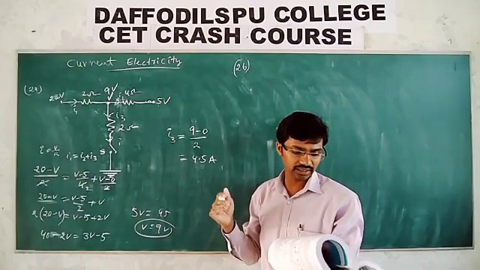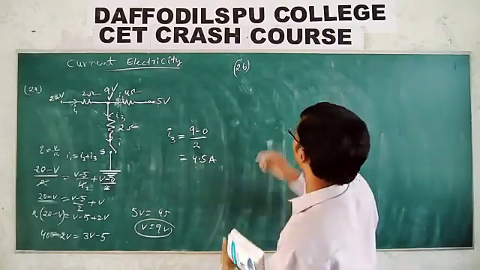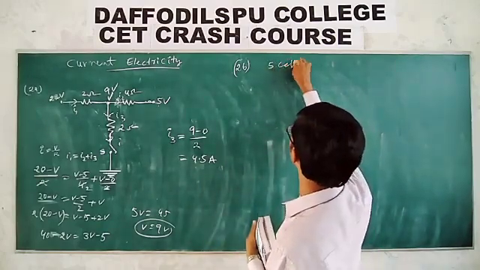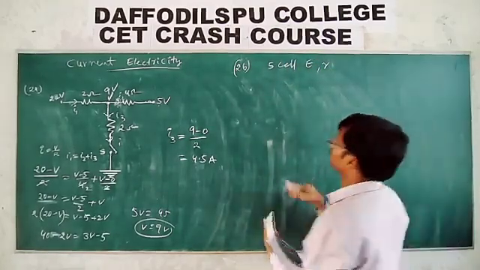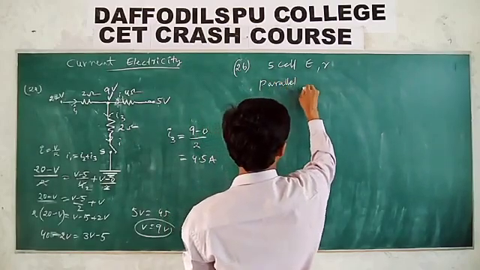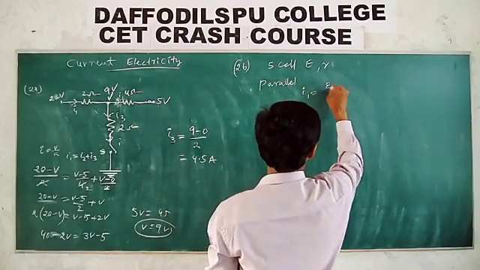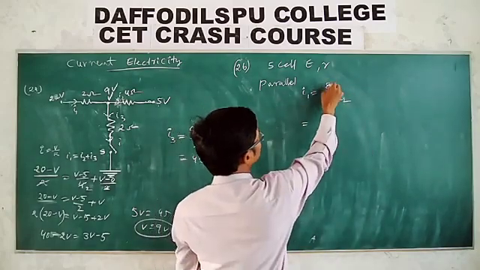whether the cells are connected in parallel or in series. Then find the ratio of the capital R and small r. 5 cells of EMF E and internal resistance r. When they are connected in parallel, the current I1 is equal to E equivalent by R plus r equivalent. Now in parallel, what is the equivalent EMF?